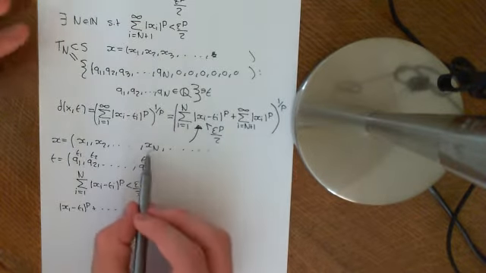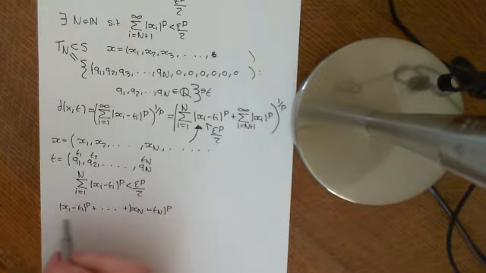Because you can make rational numbers as close as you like to real numbers, I can make each of these modulus bits as small as I like.